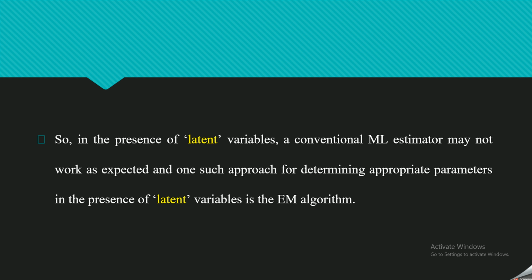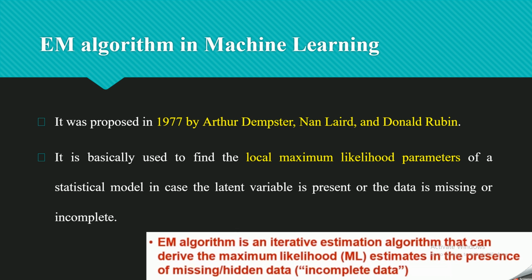Now let us see what this algorithm is all about. The EM algorithm in machine learning was proposed in 1977 by Arthur Dempster, Nan Laird and Donald Rubin. It is basically used to determine the local maximum likelihood parameters of a statistical model in case a latent variable is present or the data is missing or incomplete.